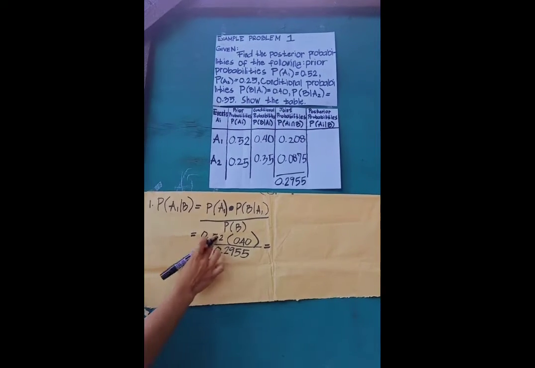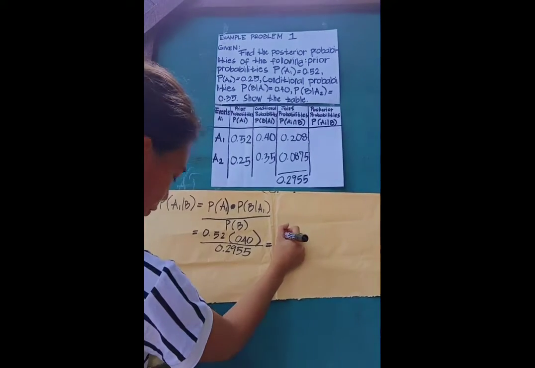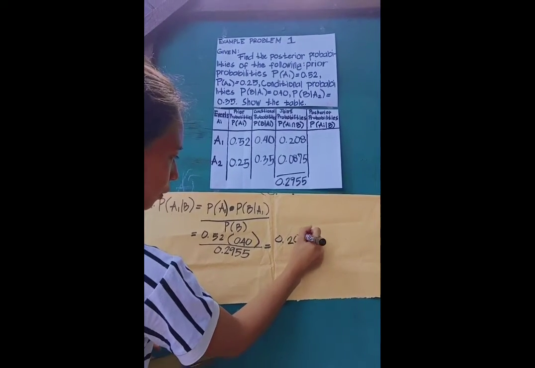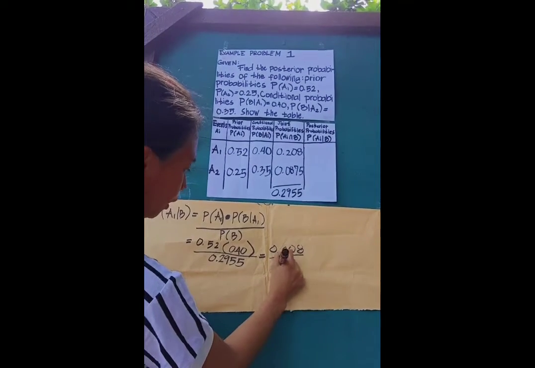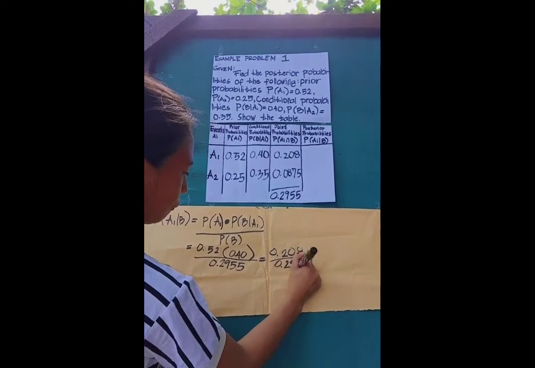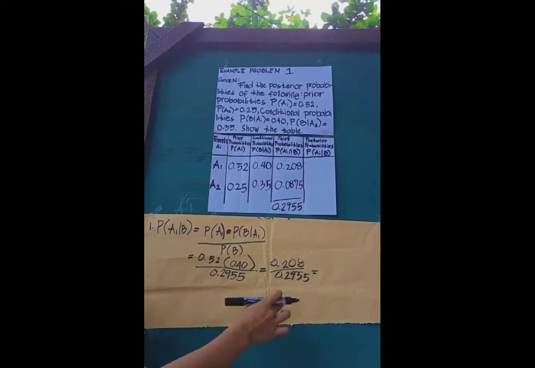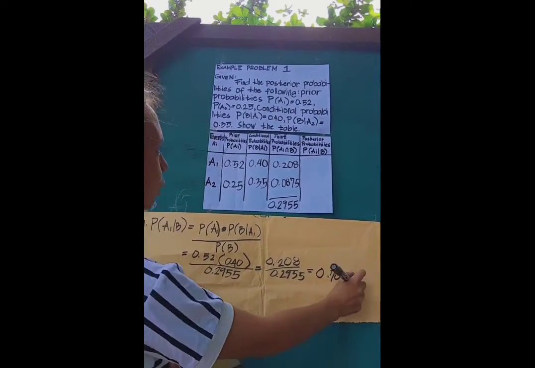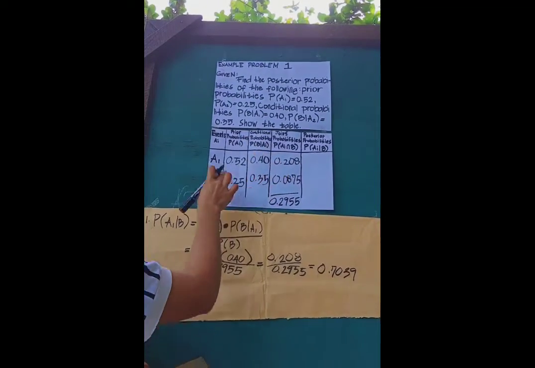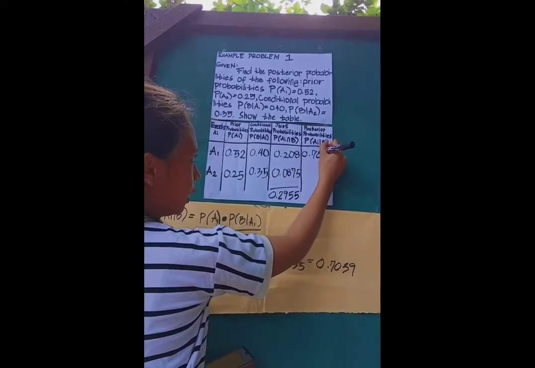The result is 0.208 divided by 0.2955. Then we divide them, so the posterior probability of A sub 1 is 0.7039.